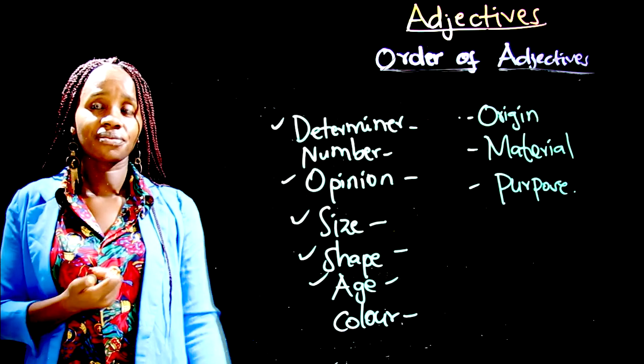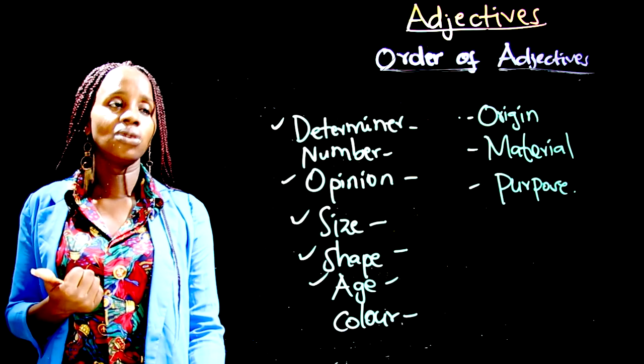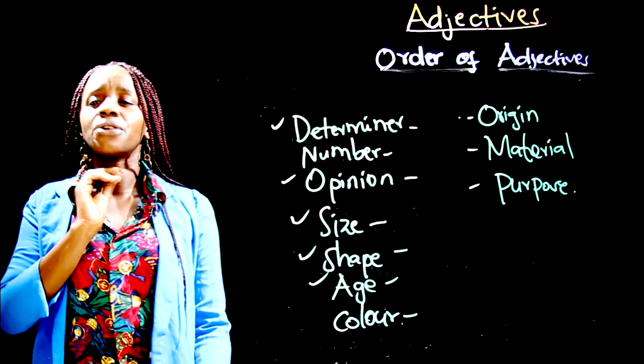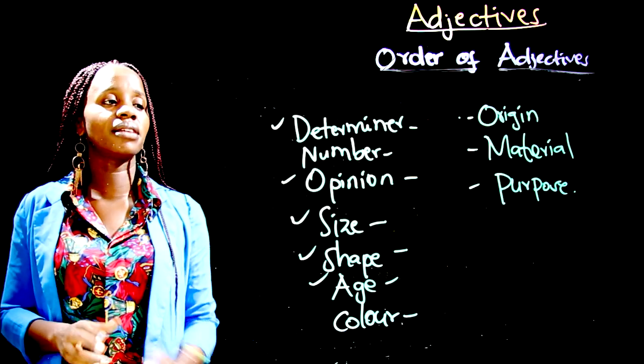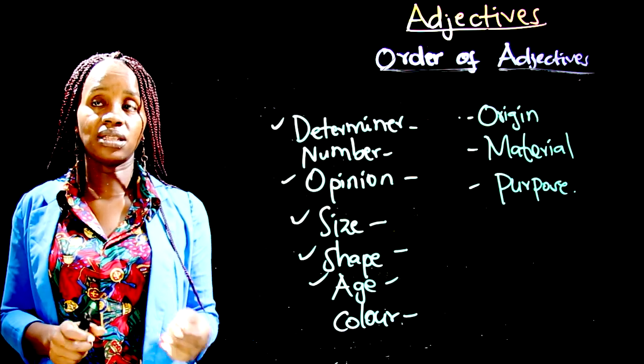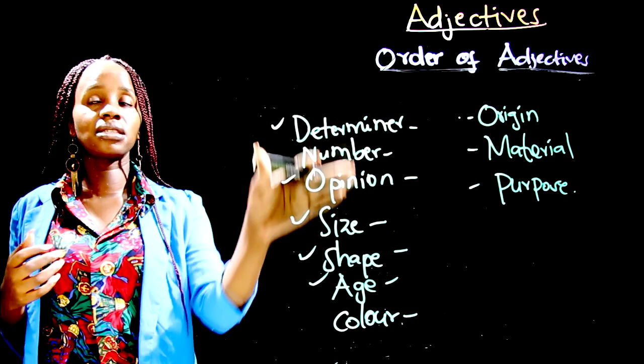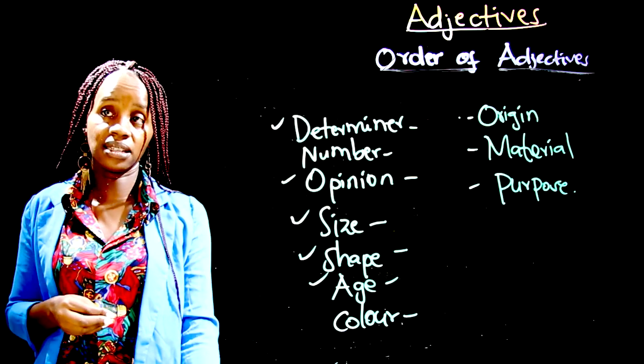So guys, basically the video will really help. Rewind it as many times as you can, go through it and listen to it one more time, then internalize that this is the order of adjectives.